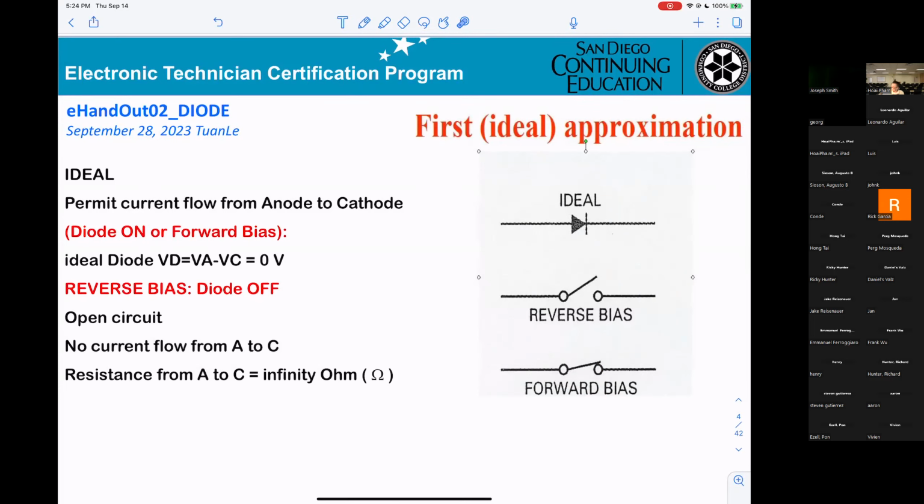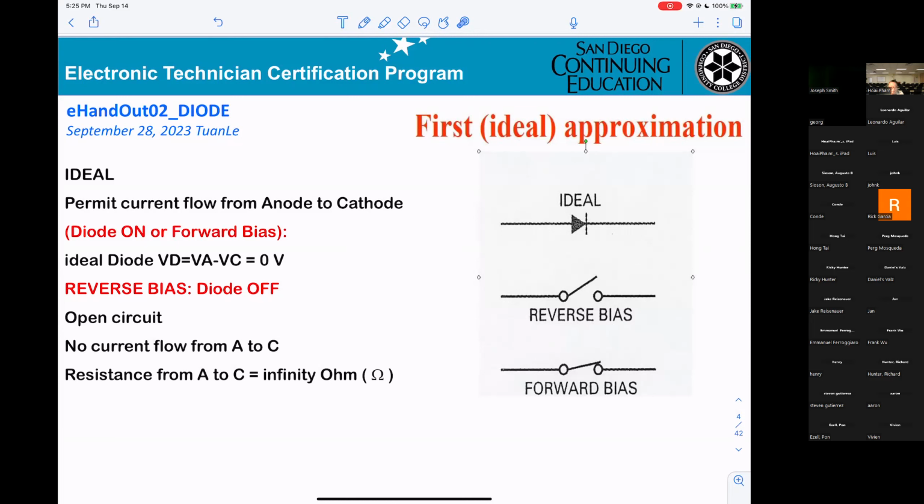I have a question. Yeah. So we're talking about the resistance is infinity. That's one direction only. No, what do you mean resistance? So the diode, when it acts as an open switch, it's got infinite resistance. Yeah, that means open.